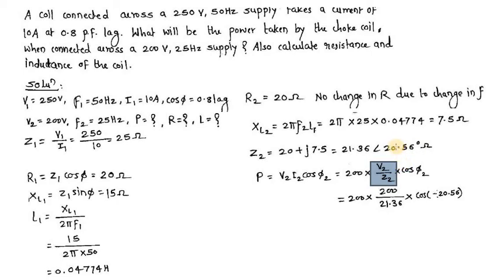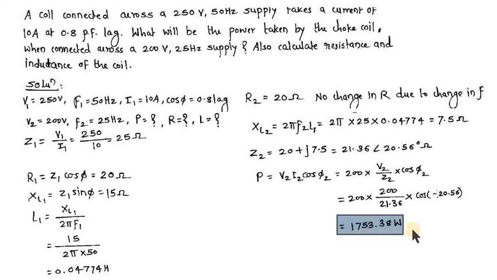So when it is division, the resultant angle will be 0 minus 20.56. So the current will be accompanied with an angle of minus 20.56, and we know the angle which accompanies current is the power factor angle. That is why it is written minus 20.56 degree. If I substitute all these values and use a calculator, what I get is 1753.38 watt.